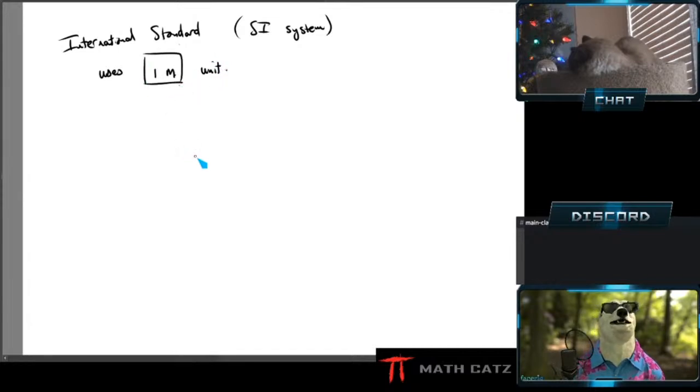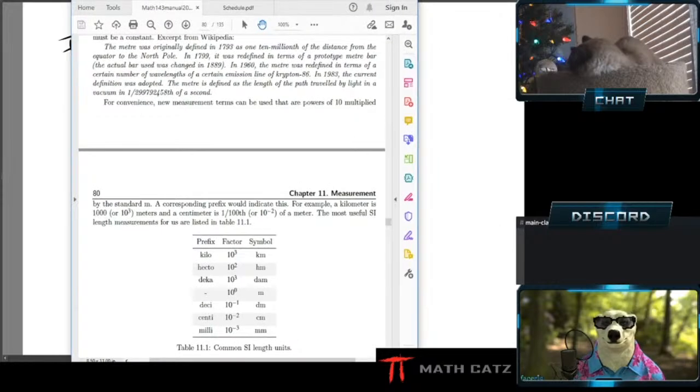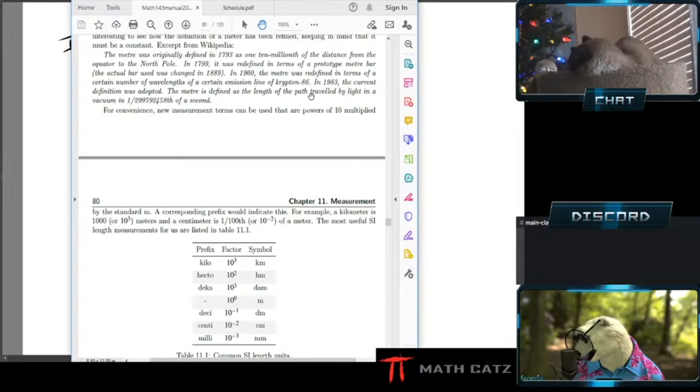Now, the meaning of exactly what 1 meter is, that changed over time as well. I'll show you a little blurb here. You look it up on Wikipedia, which is what I did. Originally, they used distance from the equator to the North Pole. Then they made an actual physical meter bar that was in a museum somewhere that people can go and say, this is exactly what a meter is.